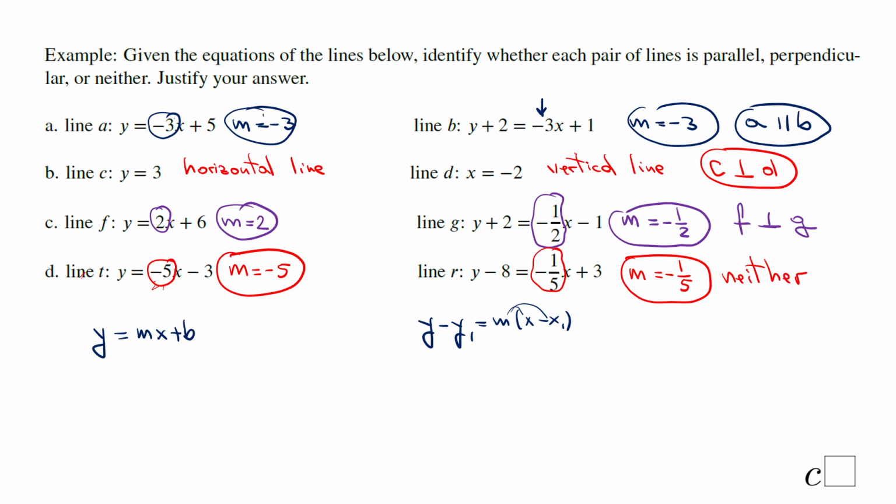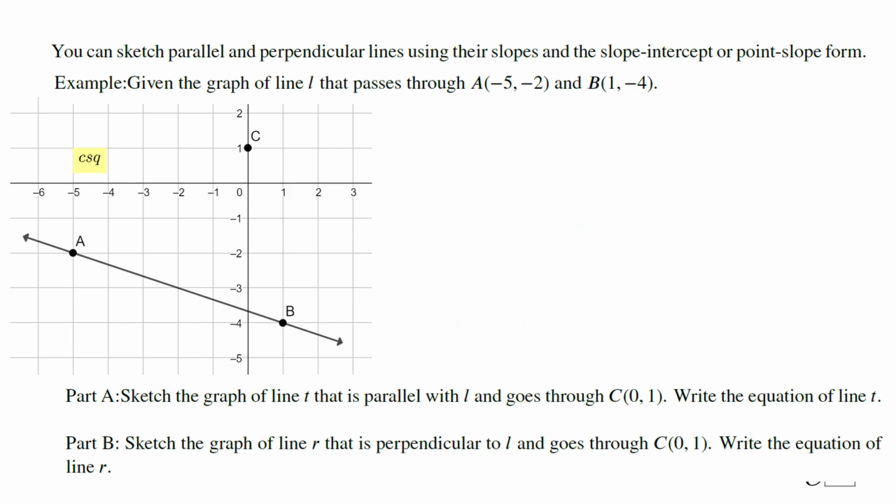Okay. In my next example, we're going to look at how to sketch graphs of parallel and perpendicular lines using their slope and the slope-intercept form. So, given the graph of line L that passes through these 2 points, sketch the graph of the line T that is parallel to the line L and goes through the point 0, 1.